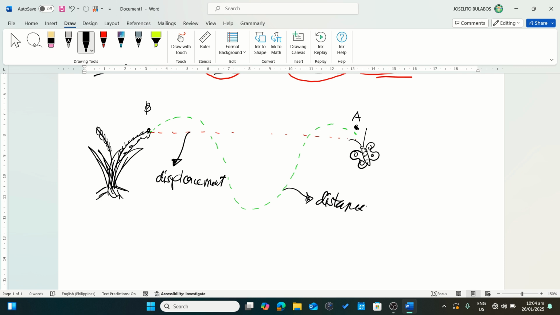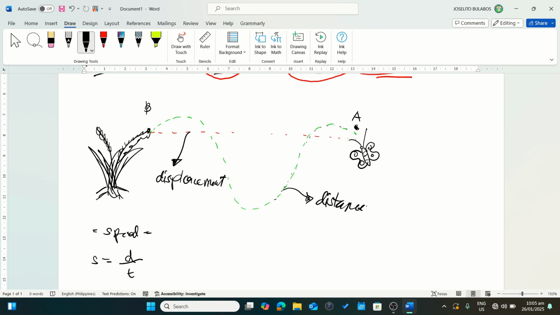The actual difference between speed and velocity is that speed, symbolized by S, talks about how fast the object is moving in this particular path. What we really want to know in speed is how fast this butterfly is moving along this path, and this path is what we call distance.